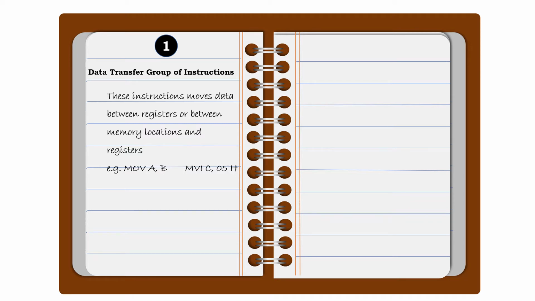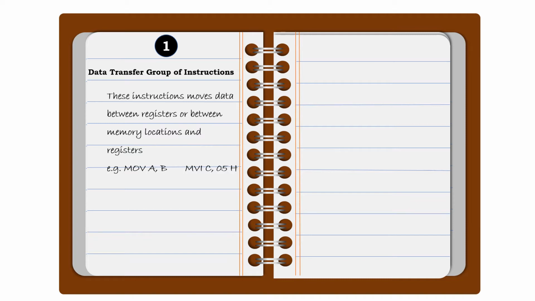In the 8085 microprocessor, the actual transfer of data means a copy of data from one place to another. So data can be transferred between two registers, between a register and memory location, or from a memory location to a register.